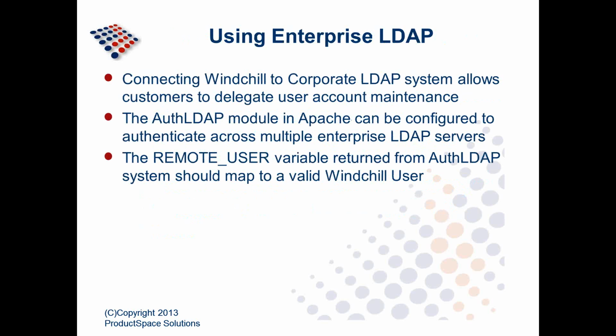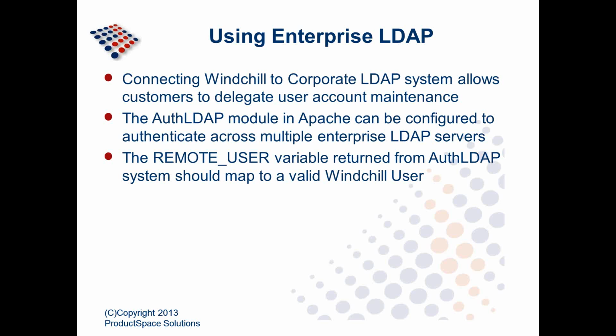So as we discussed earlier, another option here obviously is to use your enterprise LDAP. And when you do that, you're basically using your standard corporate password management policies. As far as Windchill, the only requirement for using an enterprise LDAP is that the user account that's defined has to match whatever you have in Windchill.